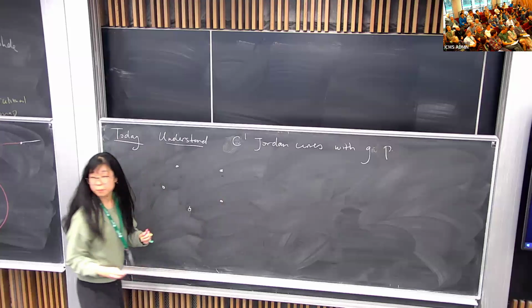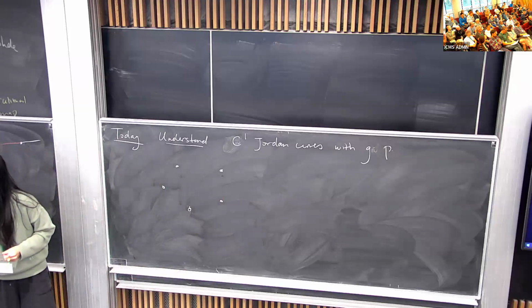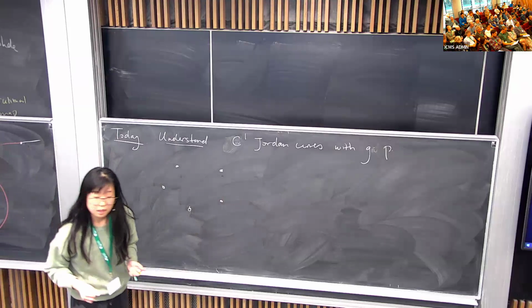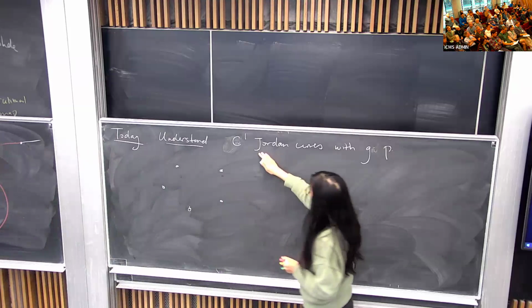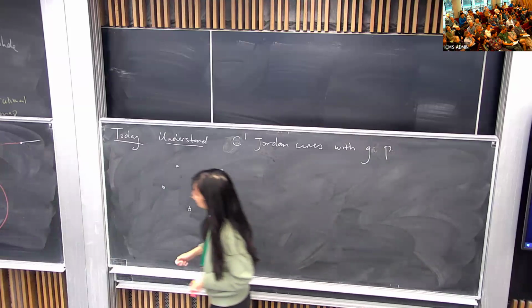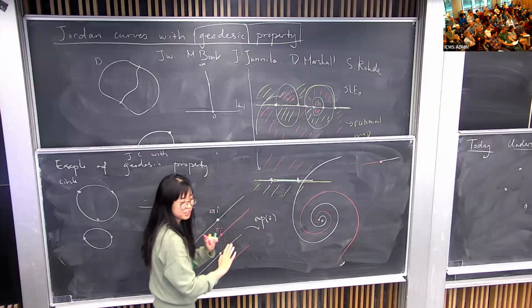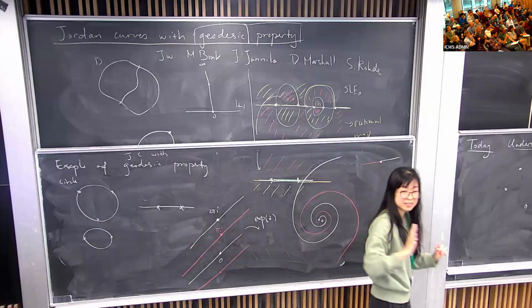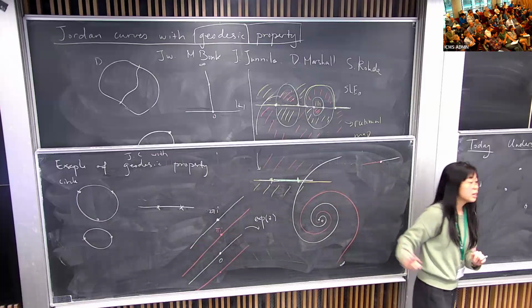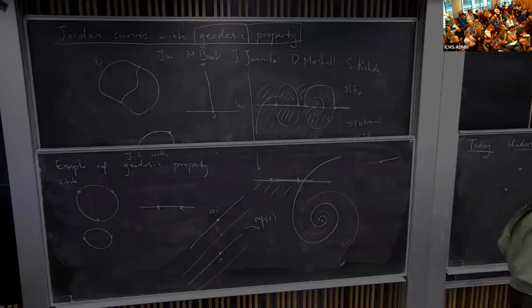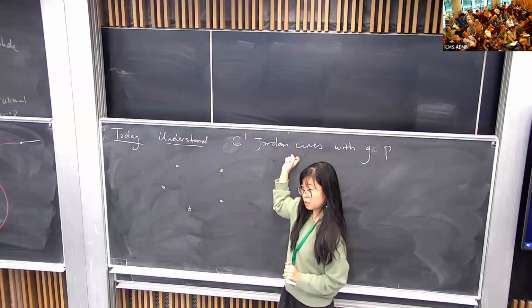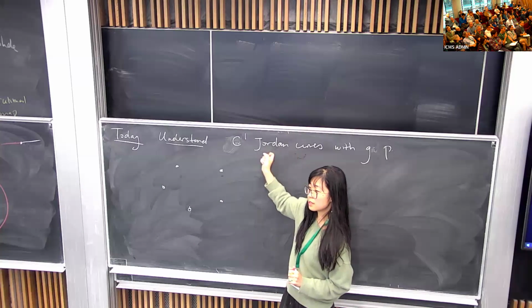Excuse me? Yeah. Could you explain some motivation behind that problem? So is it a theory or something? Yes, so first of all, I didn't want to mention SLE too much because this is purely stated in the complex analysis way. But one of the motivations, especially for the Jordan curve case, is that it is related to the SLE loop measure.